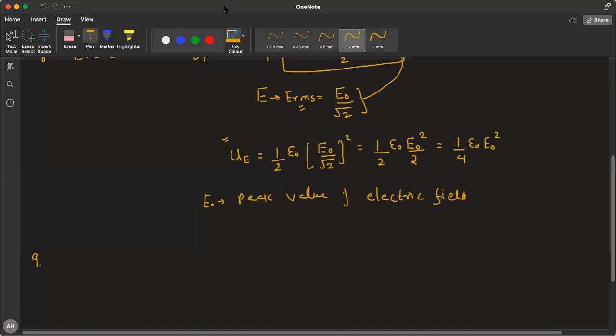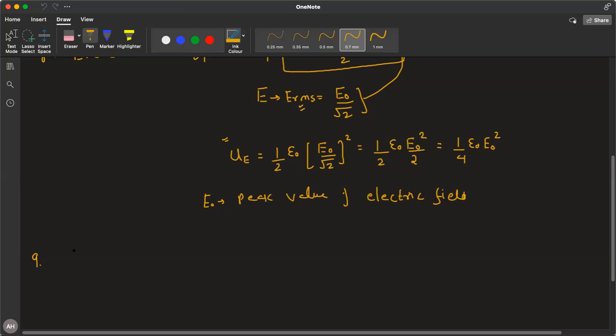Else than electric energy density, what type of energy density should the EM wave have?